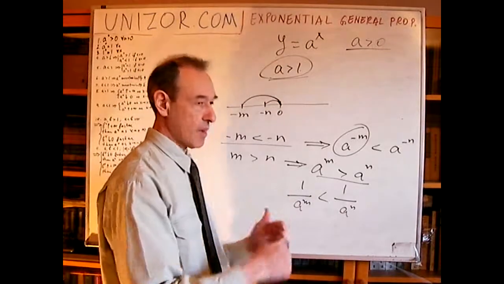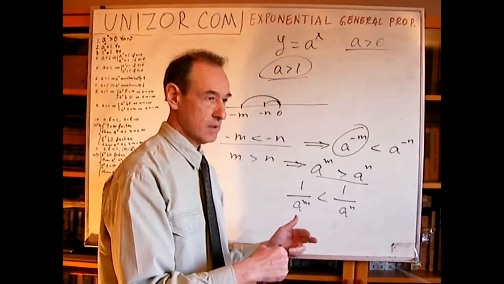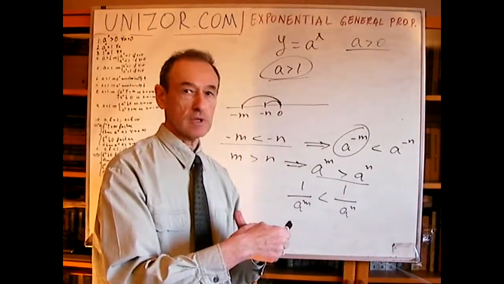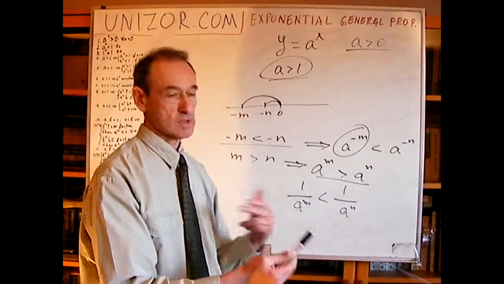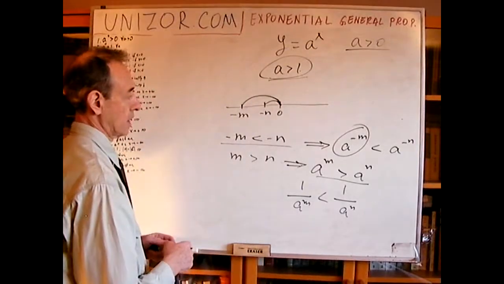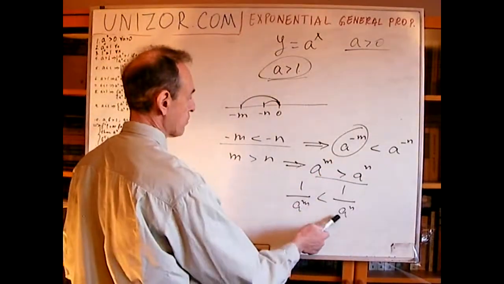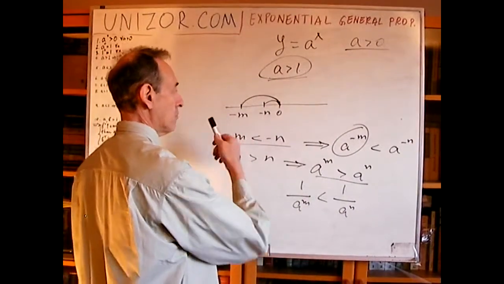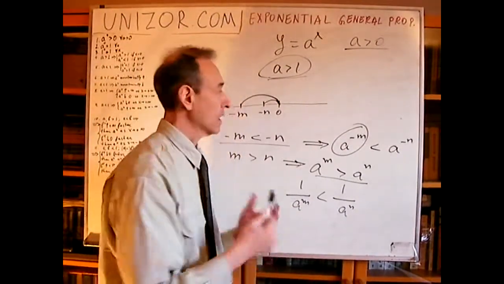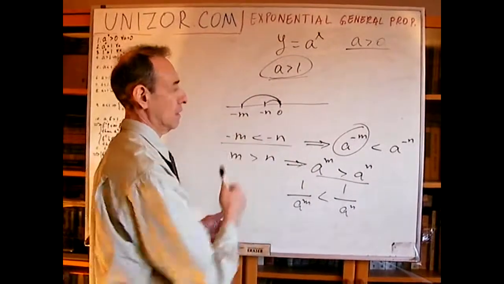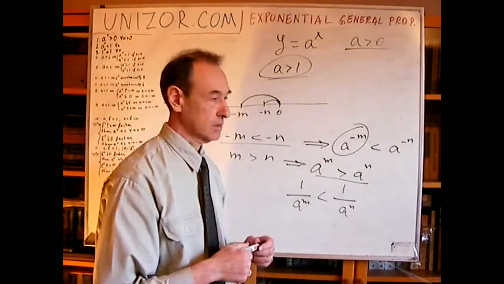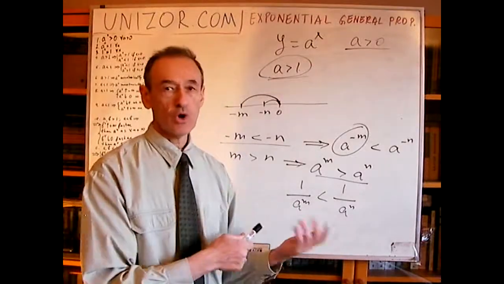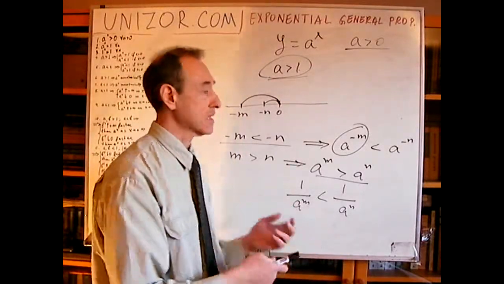Because if denominator is greater with the same numerator, then the fraction is smaller, and vice versa. Okay, so basically that's what we have just proven, which means that the same monotonic property exists for negative integers as well.